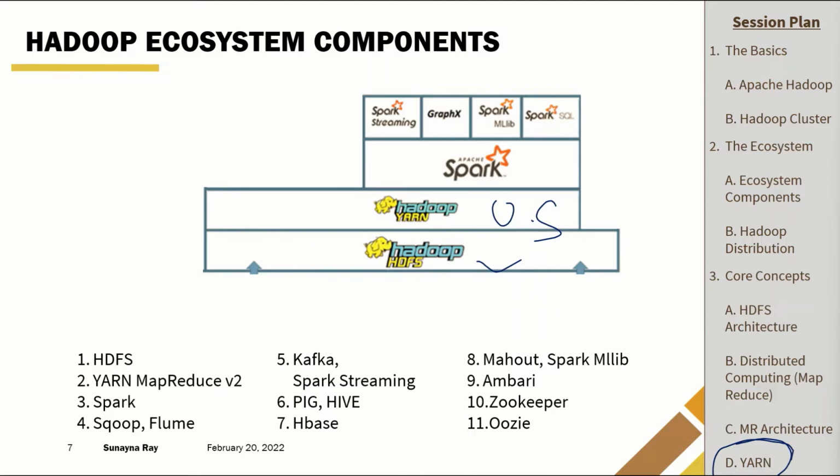There are also associated libraries, as you can see: Spark Streaming for data that is streaming at high velocity, which means data that is coming very quickly and continuously; GraphX for dealing with data in graph format; MLlib, the machine learning library; and Spark SQL for performing the regular ETL/ELT tasks. So this is about Spark.